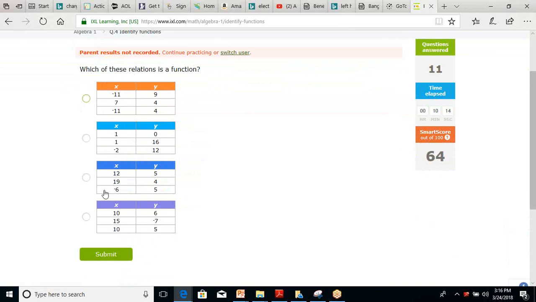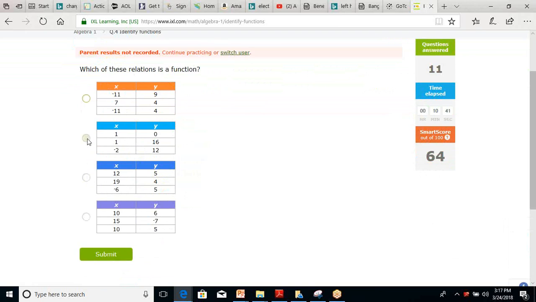In this one, we have all different x values. This one, we have two similar x values, but they're paired with different y values.